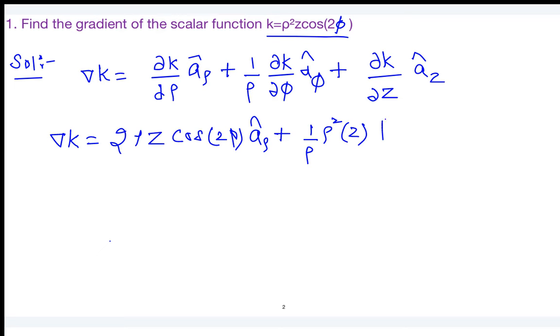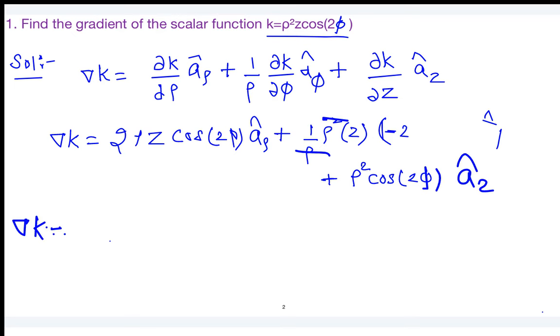Del k is equal to 2 rho z cos 2 phi a rho cap, minus 2 rho z sin 2 phi a phi cap, plus rho square cos 2 phi a z cap. Clear?